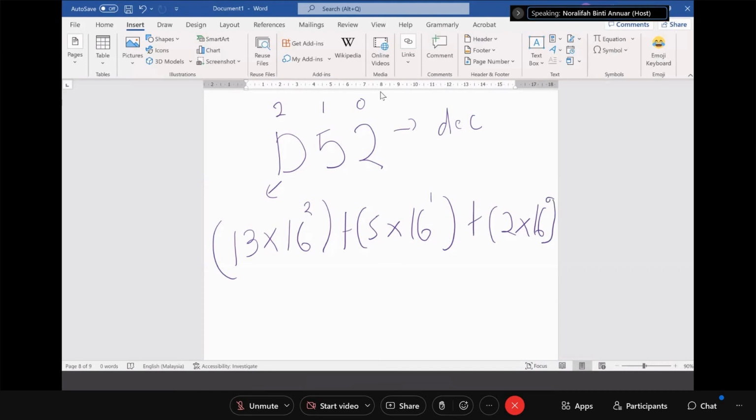So you tambah, dapat 3... senang. Yang memainkan peranan adalah position of the base, and hexadecimal is base 16.